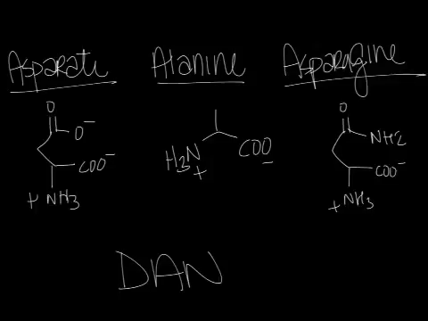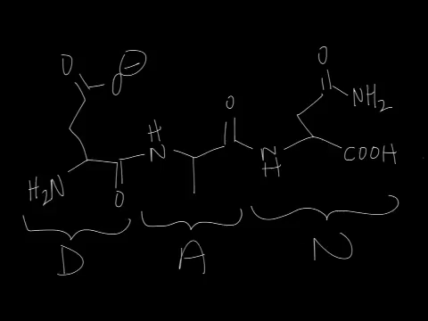A link between the unprotonated carboxylic acid and the positively charged amine combines with the same thing in the alanine and asparagine. So we have our N terminus on one side and our C terminus on the other side. That is what our peptide Dan looks like.